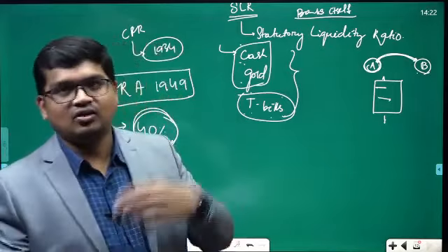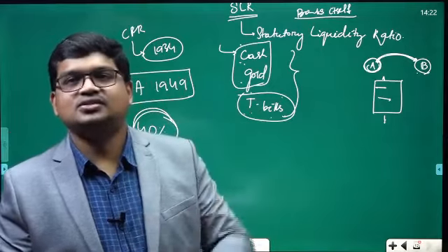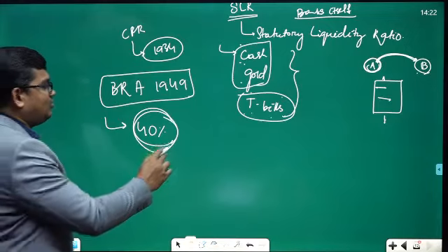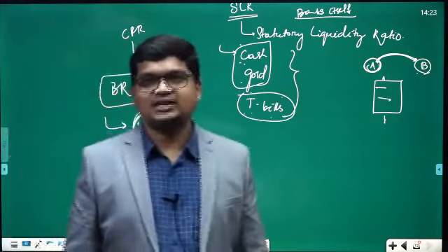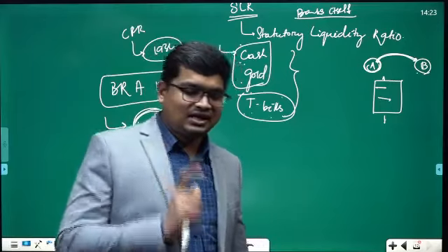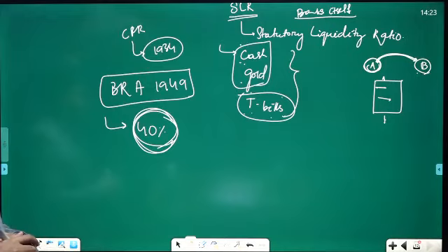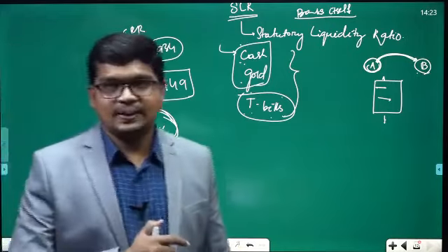Later on, it was amended, and as per the recommendations of many committees, it was finalized that it cannot be increased beyond 40% as per the Banking Regulation Act 1949, and that commercial banks have to maintain this SLR.